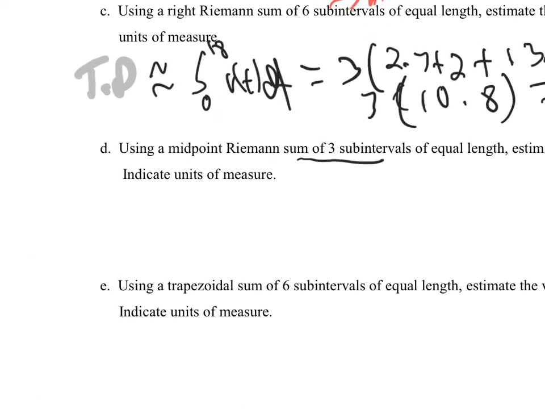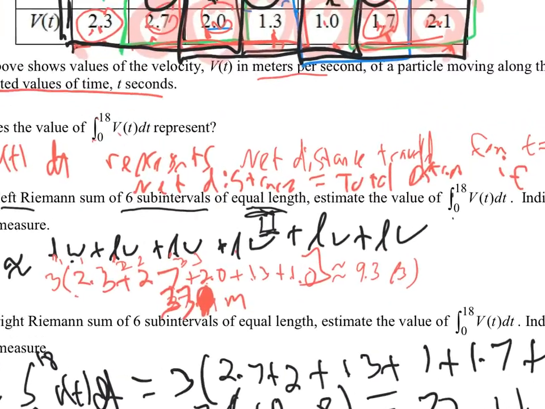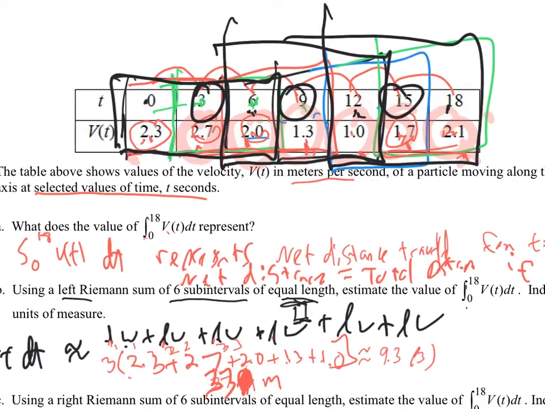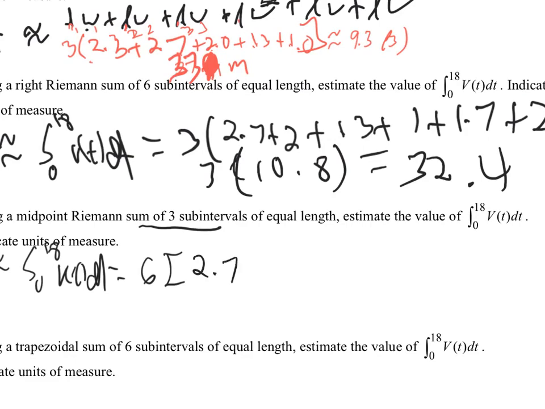So my total distance now will be approximately the integral from 0 to 18 of v of t dt, which will be 6. And I'm going to use 3 midpoint heights. 2.7, 1.3, and 1.7. Did I say it right?